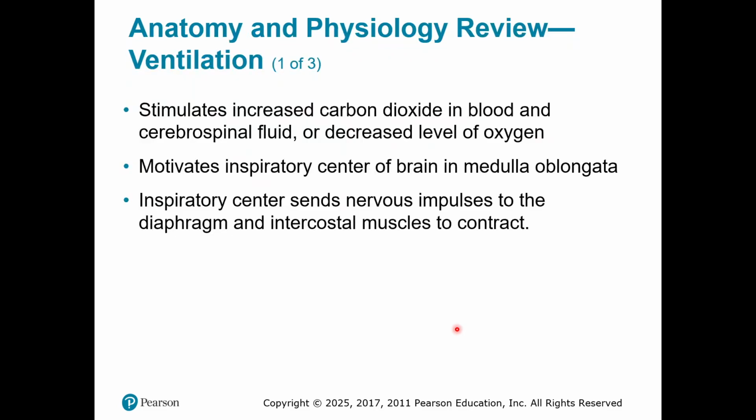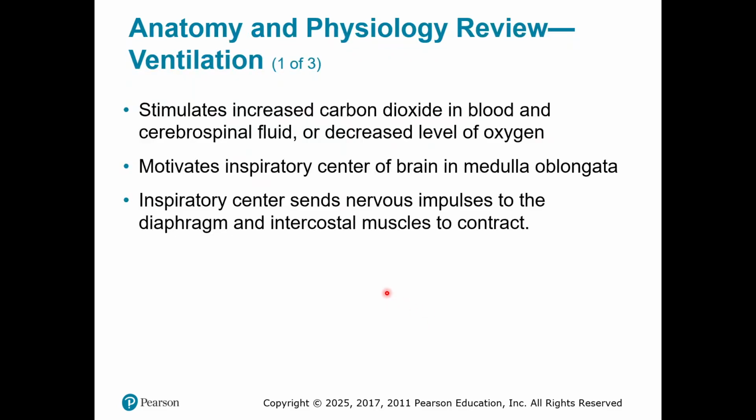We have stimulation by an increase in carbon dioxide in the blood and cerebrospinal fluid, or a decrease in the level of oxygen. What we're talking about is the body's chemoreceptors being able to read that level of acidity. If we have too much CO2, what are we going to do? We're going to breathe faster. In the worst case scenario, if we start building up lactic acid and become acidotic, the body's going to know that too.